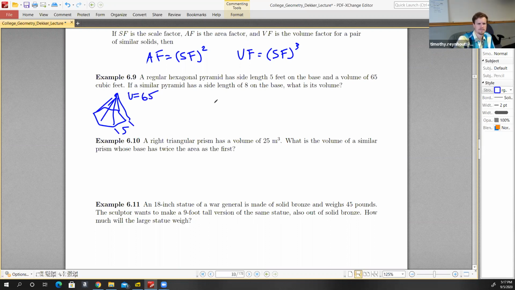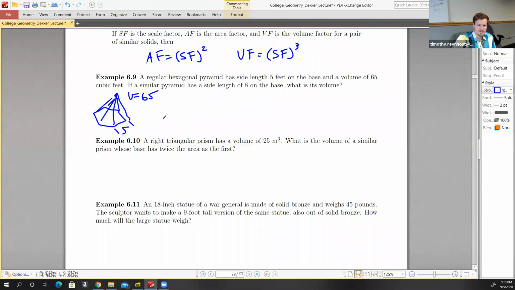cubic feet. So if we have a similar pyramid that is the same shape, but a different size, right? So if a similar pyramid has a side length of 8 on the base, what is its volume? Well, we would need to determine the scale factor first, and then we could determine the volume factor, and from that we can take the volume of the smaller pyramid, which we know, and find the volume of the larger pyramid.